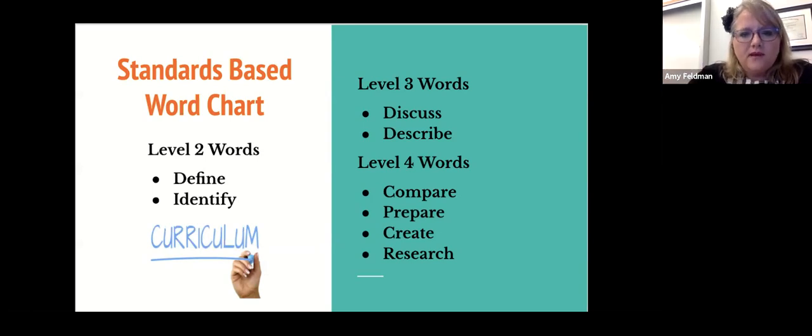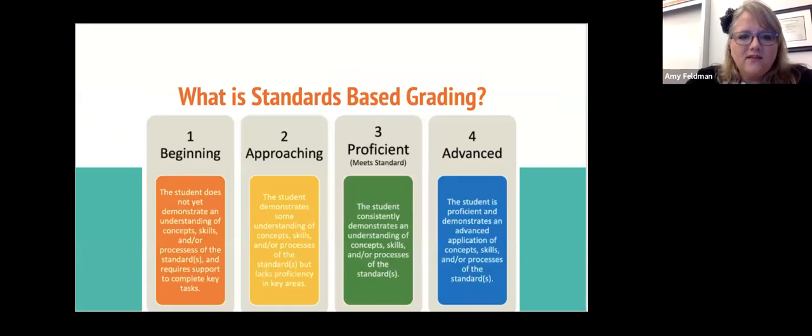Because remember, back here, what is level 1? They don't yet demonstrate. Level 2 is they're approaching. They demonstrate some understanding. So that means this is like vocab. I'm just going to tell you what I know. Not even tell you what you know, you just have to be able to match it.